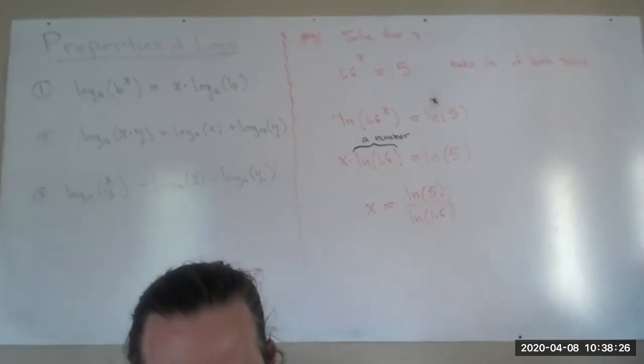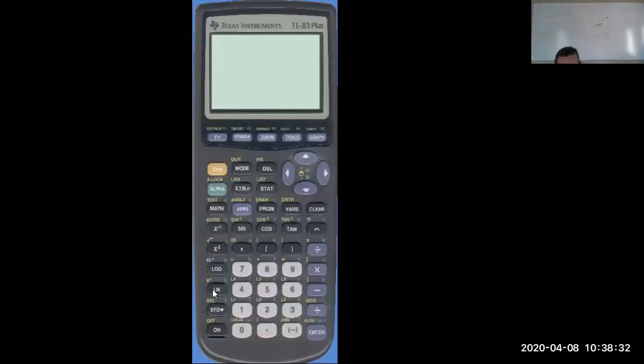Let's check in our calculator. So I'm going to share my virtual TI-83 again. On the one hand, I know that my answer is ln 5 divided by ln 1.6. So let's turn this on, clear it out. ln 5, close parentheses, divided by ln of 1.6.